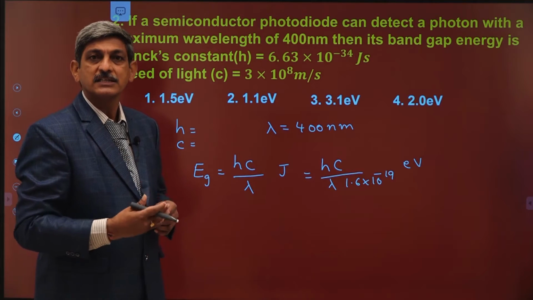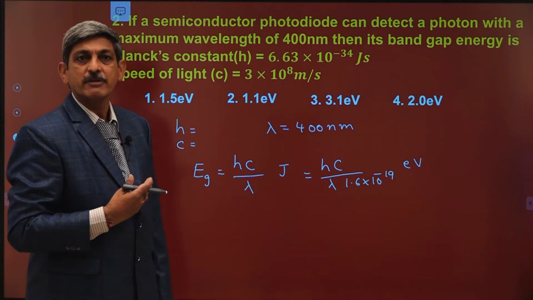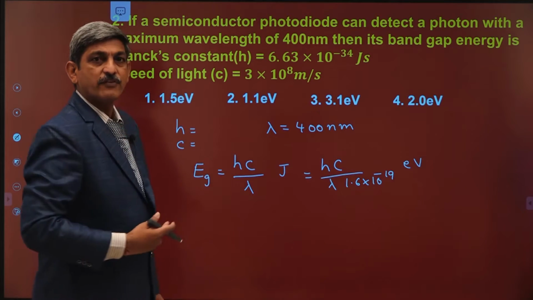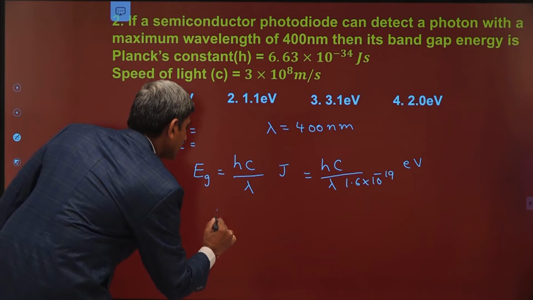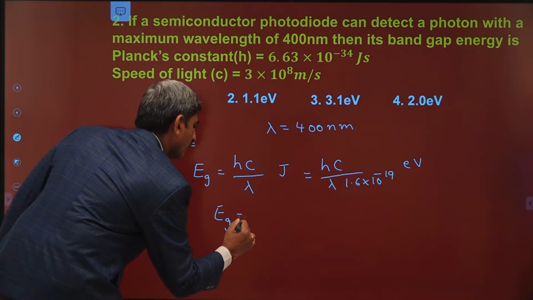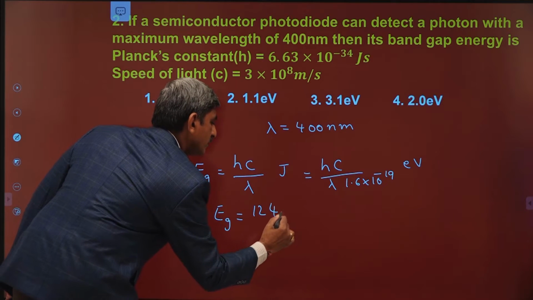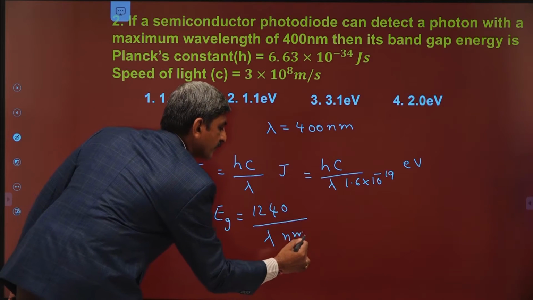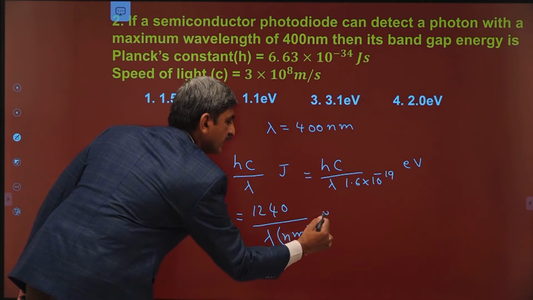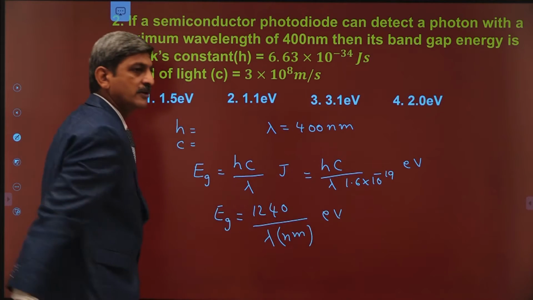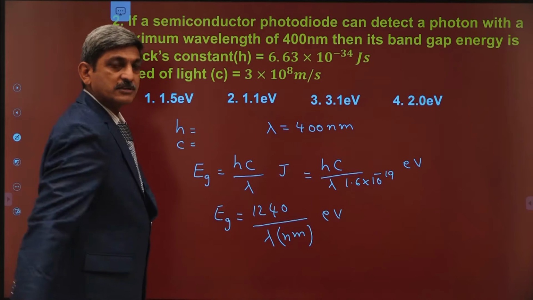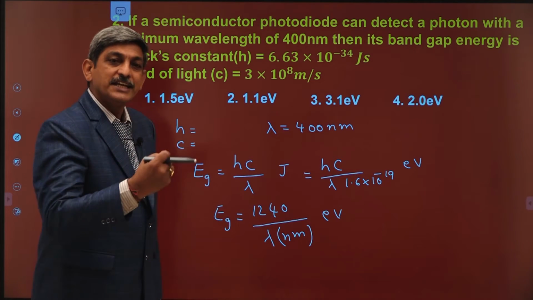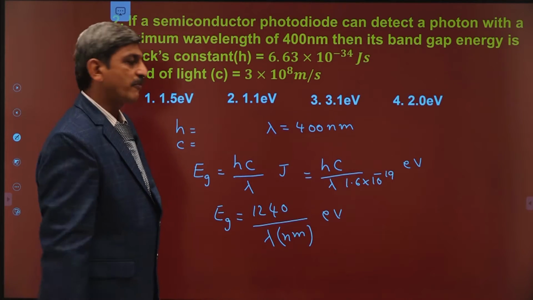So to avoid that, while solving problems in objective examinations, we use a simplified formula: energy gap is equal to 1240 divided by lambda in nanometers, which gives the answer in electron volts. If you know this formula, we can easily determine the energy gap value.